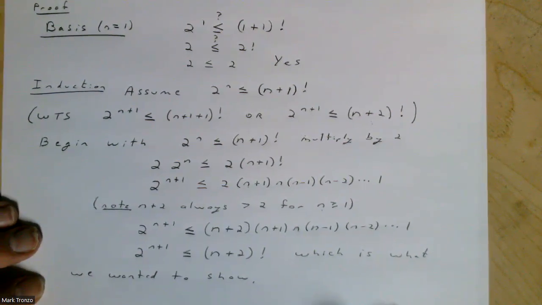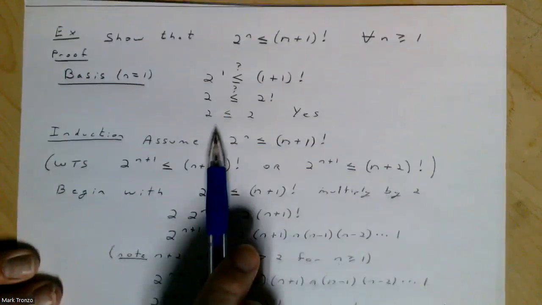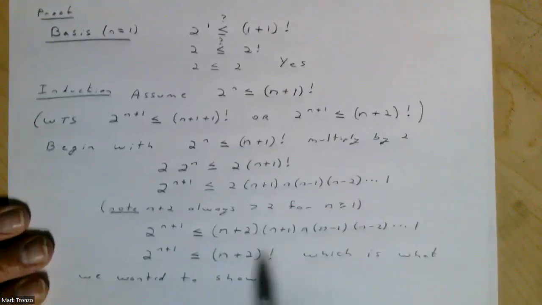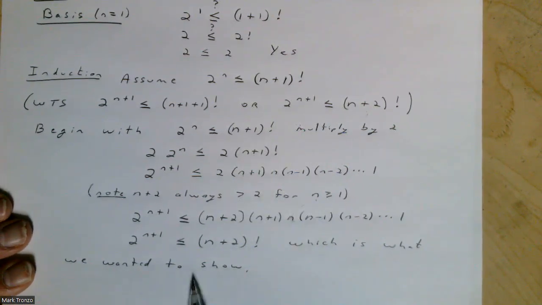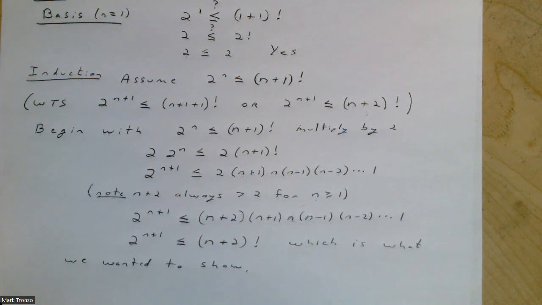So that completes the proof. So we showed that this is true for the basis step, and we assumed that it was true for n, and proved that it's true for n plus 1.